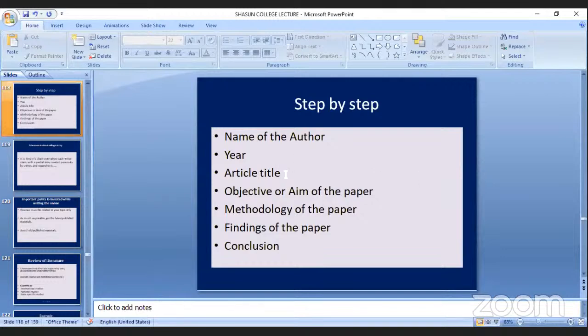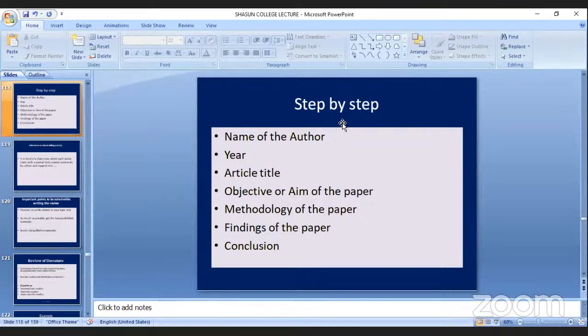Then what is the objective or aim of that particular paper you have studied? You write that objective. Then the methodology that has been adopted, you write the methodology. Then the findings of the paper, then come to the conclusion. All together, when you write it in a paragraph, your review is ready.